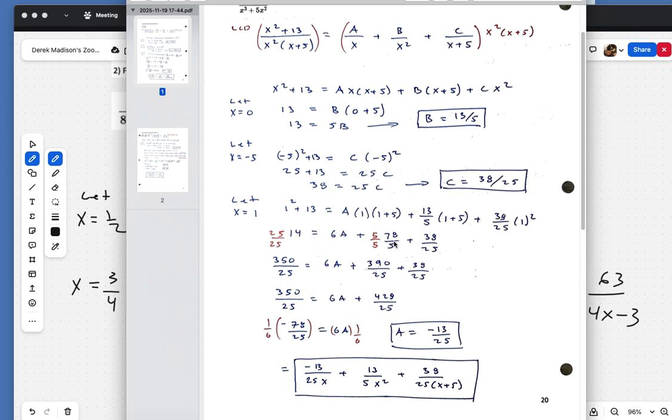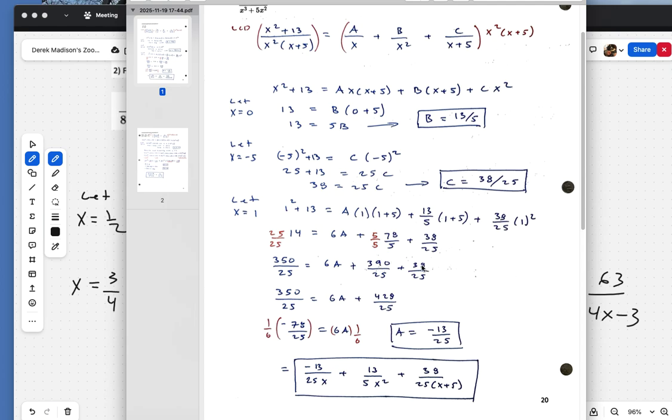So for what I have in blue, I have fractions involving factors of 5, so my LCD is going to be 25, and I wanted to get all my fractions up to denominators of 25 so I can combine my terms. So for this one I did 5 over 5, which got me right here, and for the 14 I did 25 over 25, which got me that fraction.